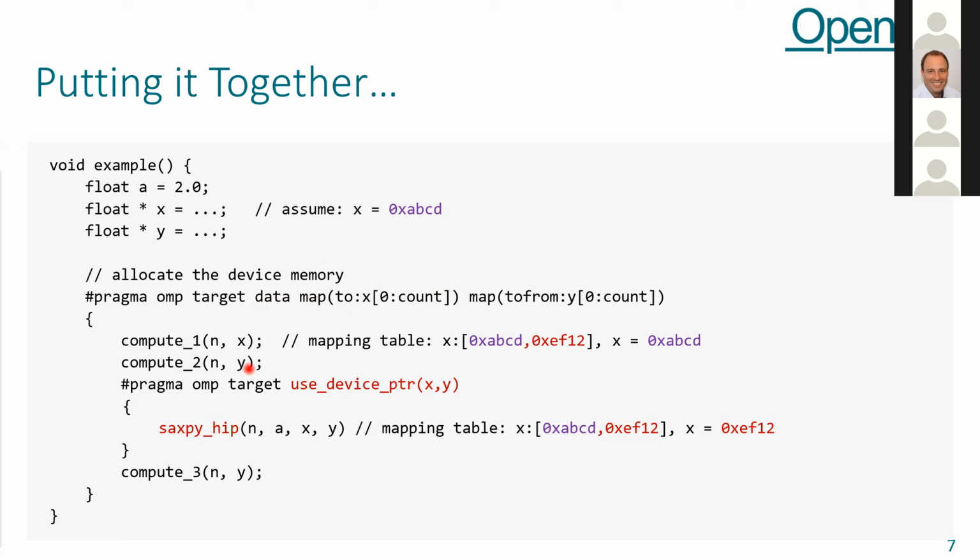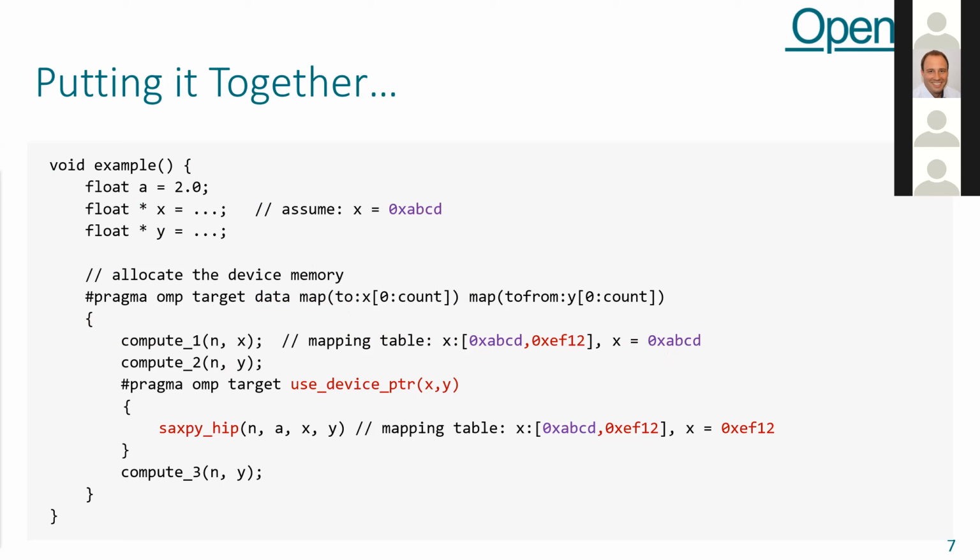Now when you are inside these outer curly braces, the mapping table maintains for X, which is coming from this host address, that it has this device address, and the original pointer, X, is still the valid host address. So you can just touch it on the host like Christian was showing before.